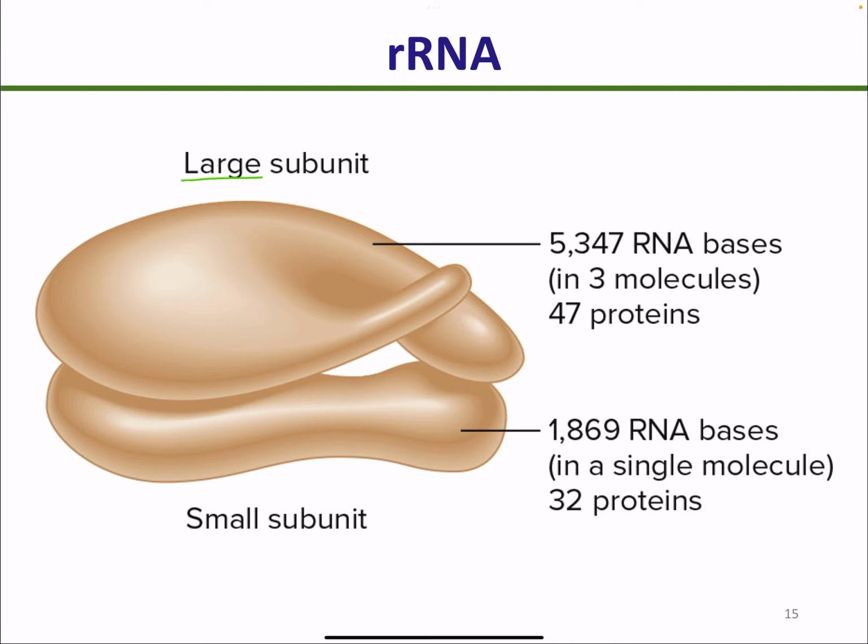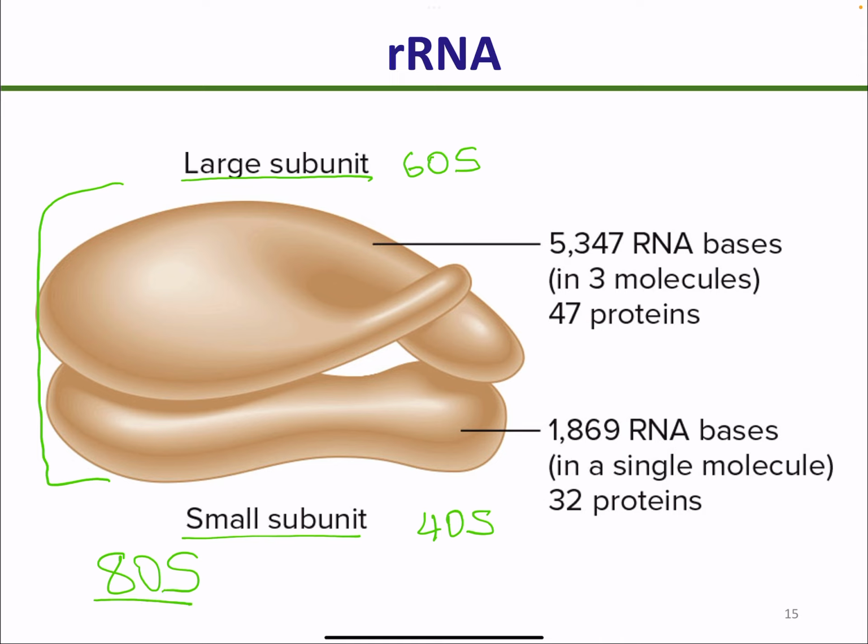You have a large subunit and a small subunit. The large subunit is called the 60S subunit, while the small subunit is called the 40S subunit. However, the whole ribosome together is an 80S ribosome.